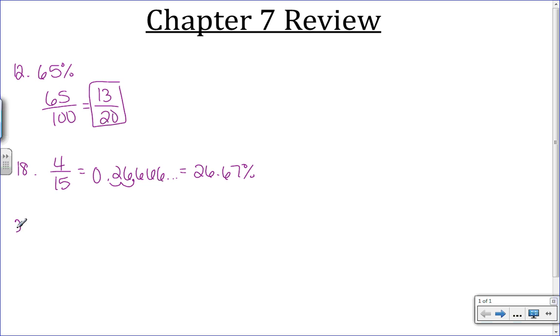Okay, the next one is number 24. Number 24 is also writing the fraction as a percent, and the fraction is 36 over 27.